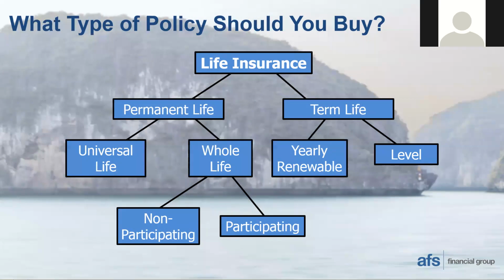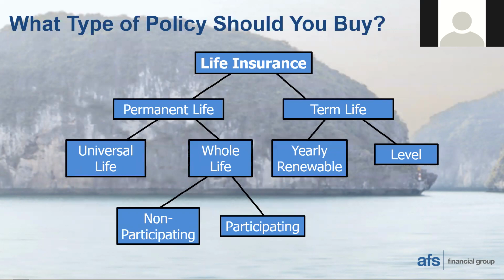I just pay an annual premium, and then after 20 years, the policy's done. You're renting the coverage for that period of time to have that peace of mind, knowing that if something happens to me during that period, my family is protected.